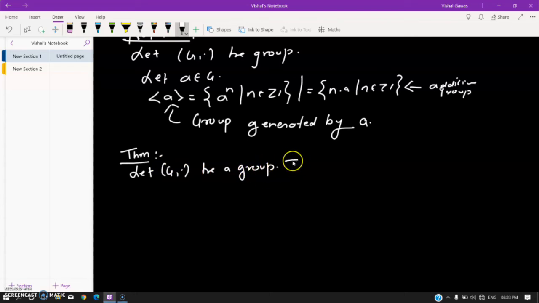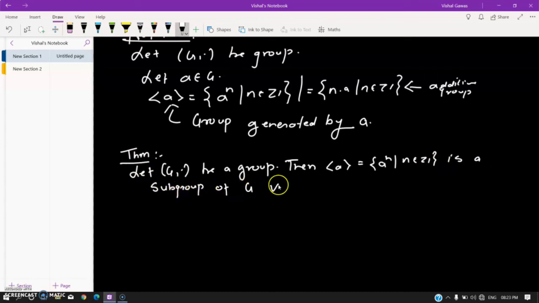Then the set of all a raised to n, n in Z, which I'm writing as angle brackets a, is a subgroup of G for every a in G. I'm using this notation for multiplication; the meaning is clear whenever the operation is specified. It doesn't matter what you take.